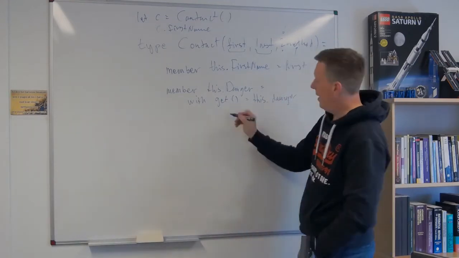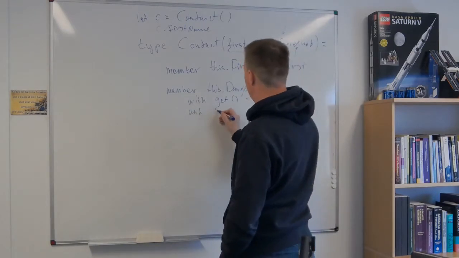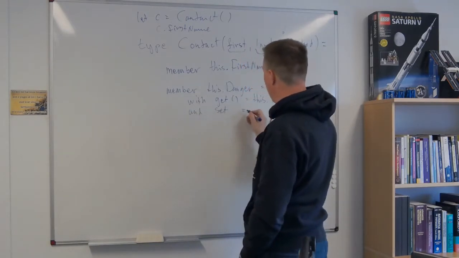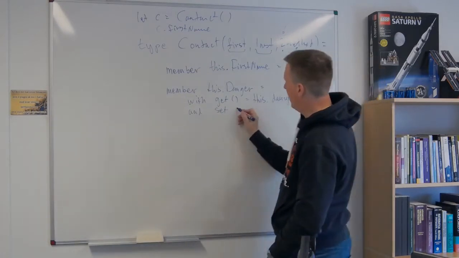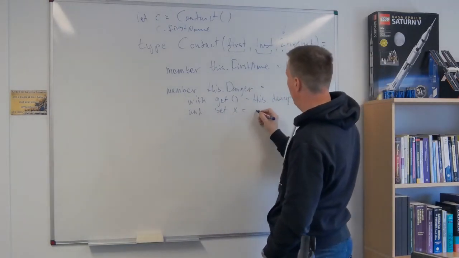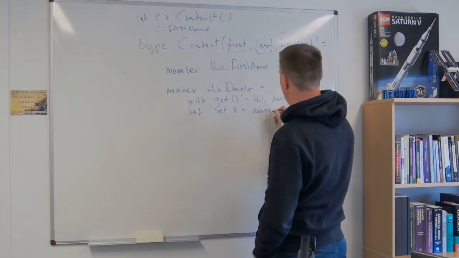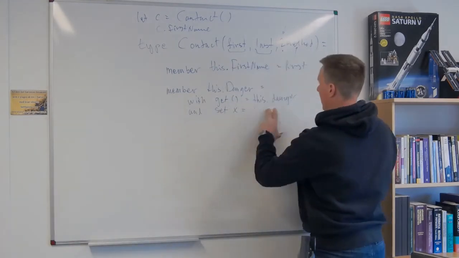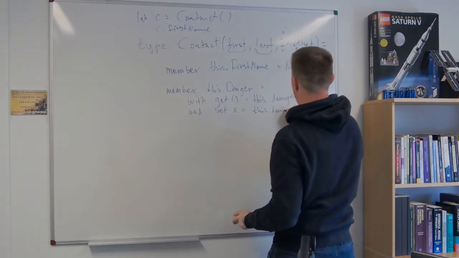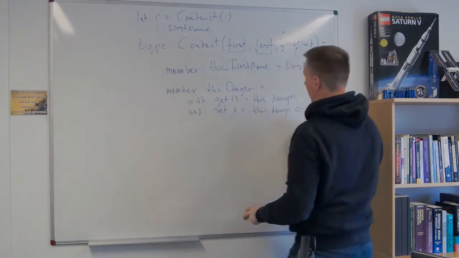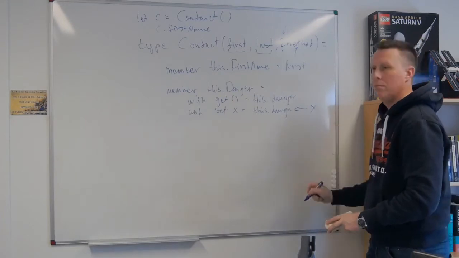and then I have and set equals, and then I need to set X of course, and then I need to do this dot danger mutate with the new value.